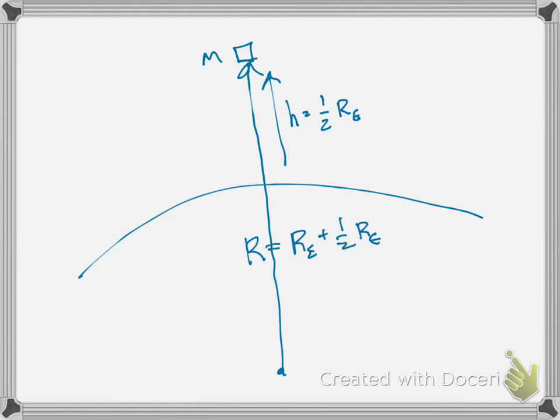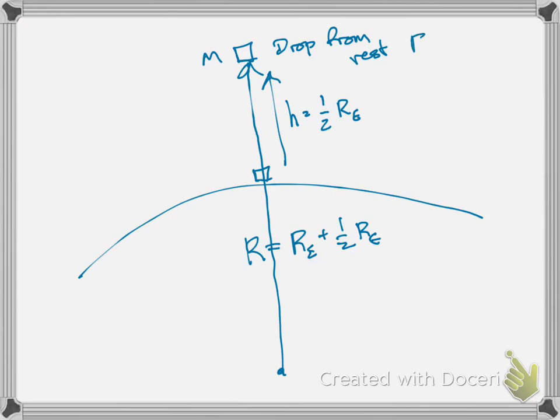So let's take an object up 1/2 the radius of the Earth, 3,000 meters up, or whatever that is. And let's drop it and ask how fast is it moving at the surface of the Earth. So if I drop it from rest, how fast is it moving at the surface of the Earth? Well, we're just going to do this as an energy conservation problem.